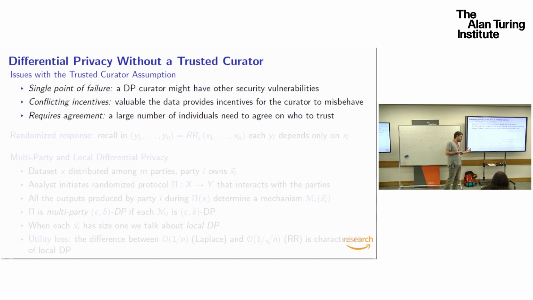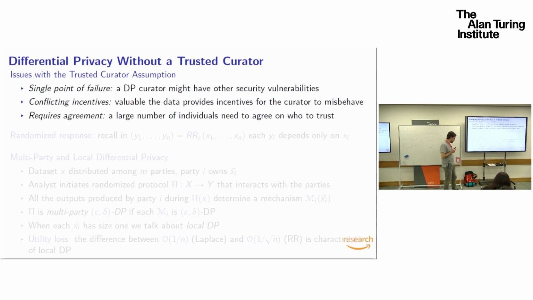So even if this curator implements differential privacy correctly, releases something differentially private, and is completely ethical and follows the rules, they might be subject to other security vulnerabilities. Some hacker could penetrate their network and leak the data set. And then it doesn't matter that you're doing differential privacy, all the information is leaked, and everyone loses their privacy. So the trusted curator assumption is a single point of failure, and that's something you might want to think about, especially when you're talking about super sensitive data.